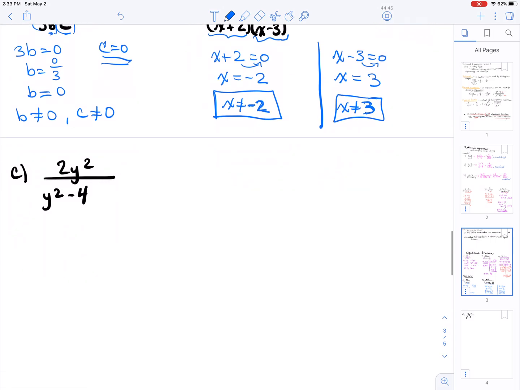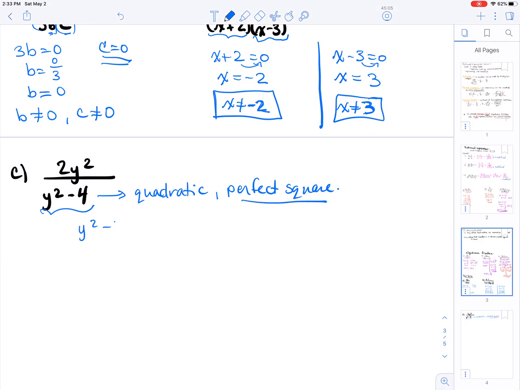In C, we have another quadratic in the denominator, and it's also a perfect square. So I need to factor out my perfect square. So y squared minus 4, I'm going to set this algebraic expression equal to 0.